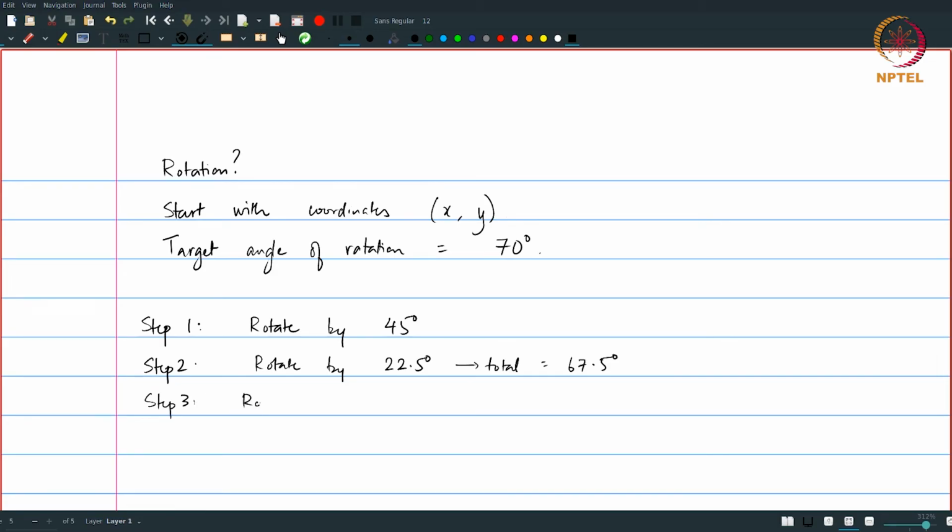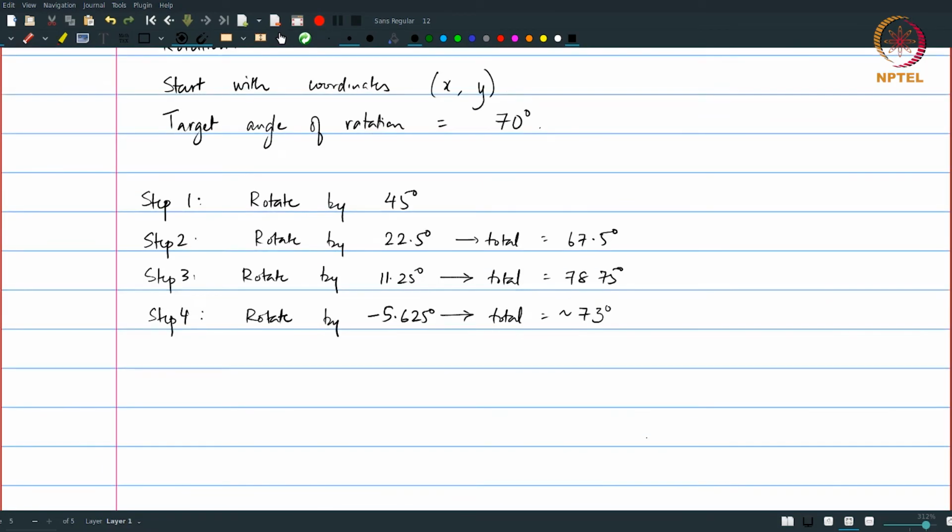Step 3, rotate by 11.25 degrees, and the total in this case would now become equal to 78.75 degrees. Now I need to rotate backwards. In other words, by minus 5.625 degrees, the total equal to 78.75 minus 5.625, approximately around 73 degrees or so, right?